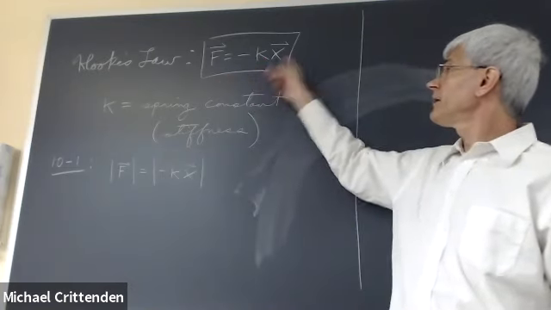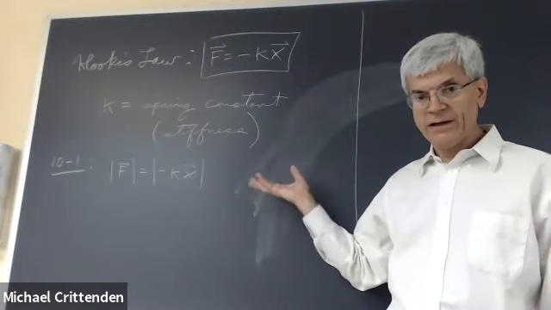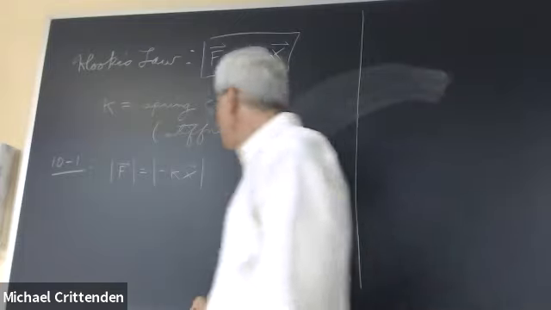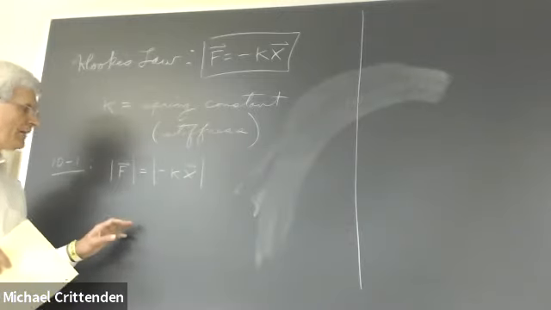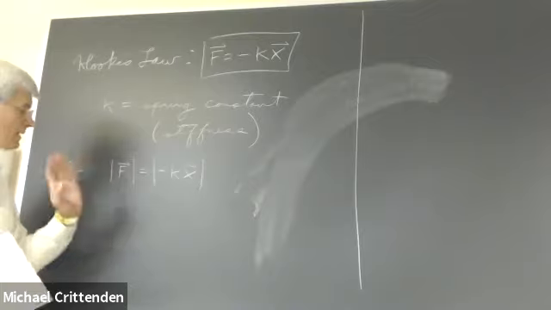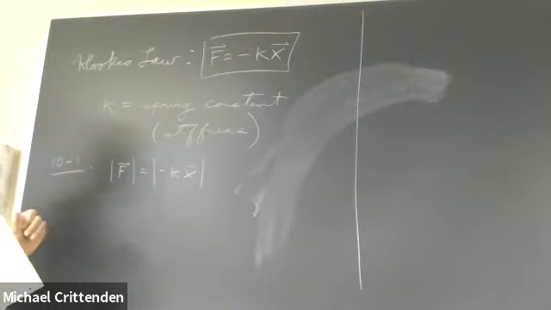The force is in one direction, the displacement's in the other. I just want to throw numbers at this thing and get a value for k. So you put absolute value signs on there and it becomes the magnitude of F equals k times the magnitude of x, if you're going to go to the trouble of saying it that way.